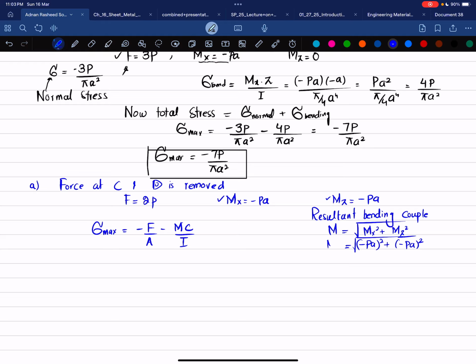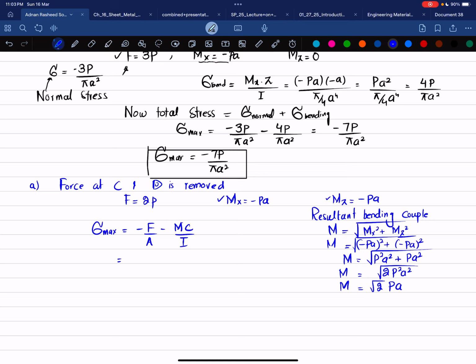That will give you the resultant moment. So it will be equal to P square A square plus P square A square under the root, and we can get 2 times P square A square under the root. So if you take it out, we will get root 2 times P multiplied by A.